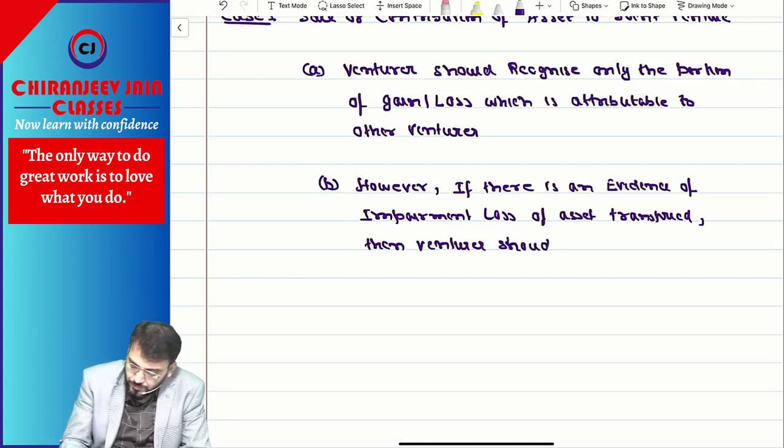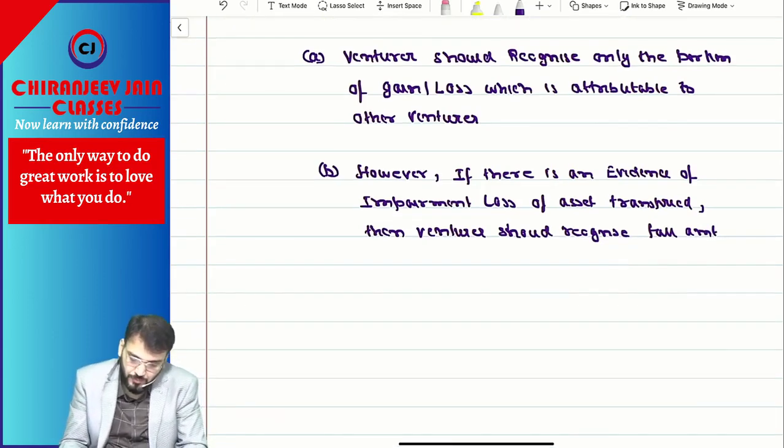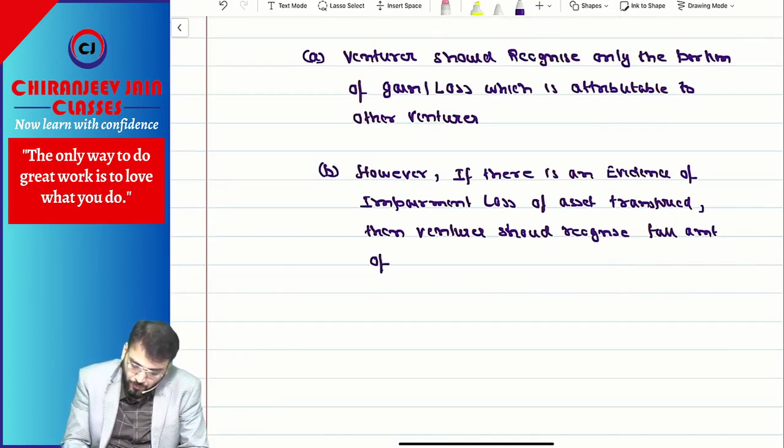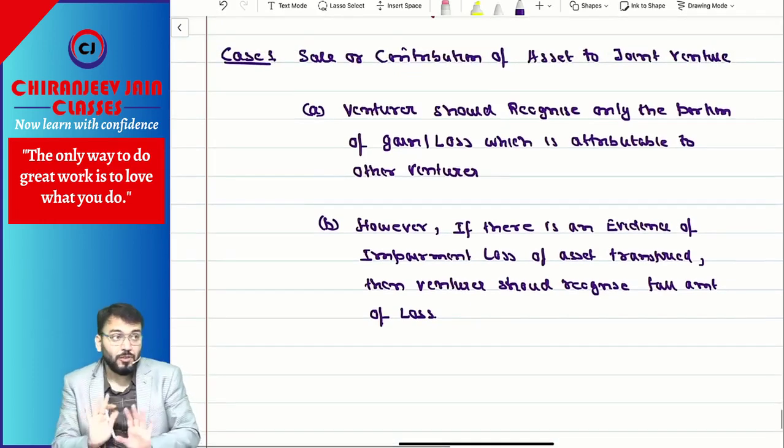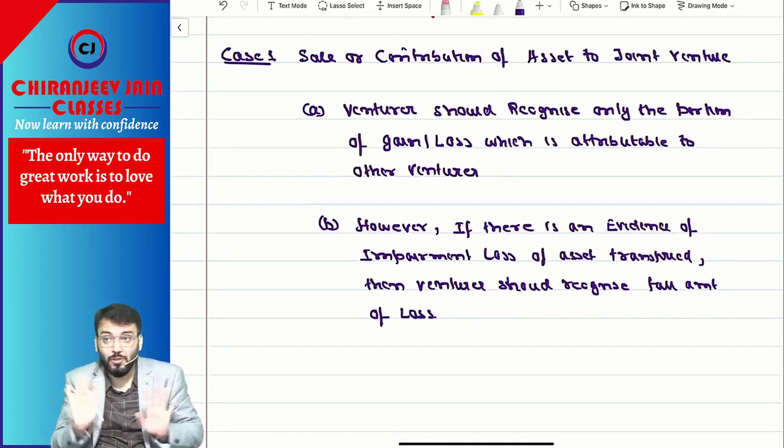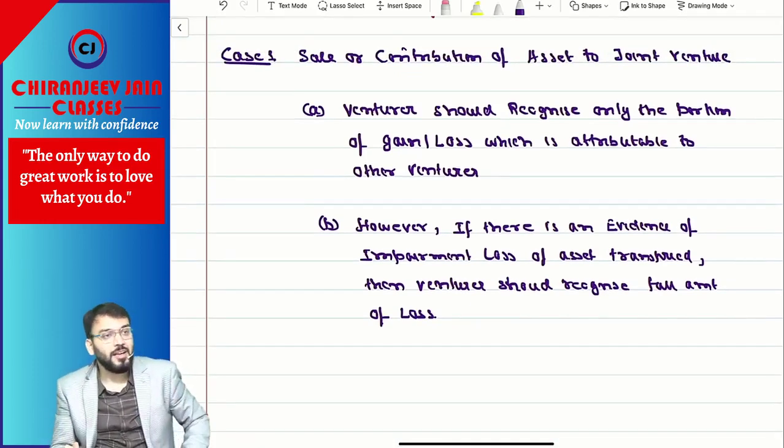Very good. Should recognize full amount of loss, but not gain. Not full amount of gain, only full amount of loss. Understood? Got this point? Simple.